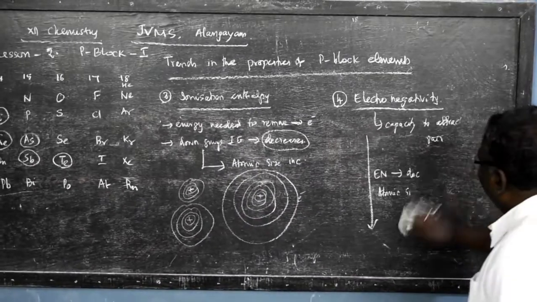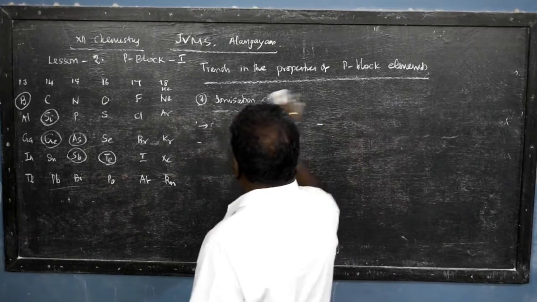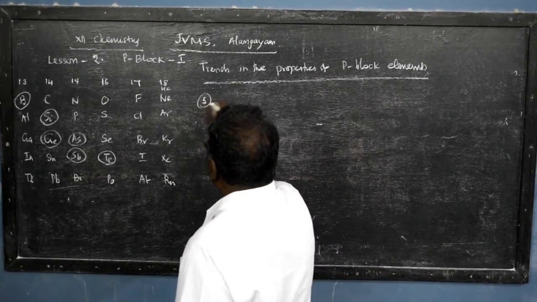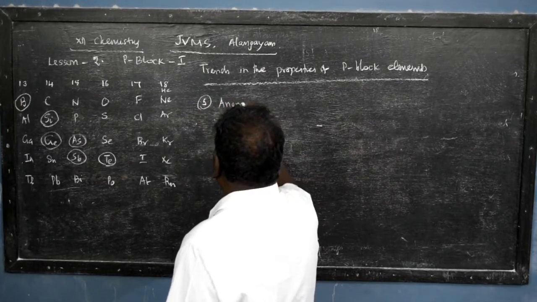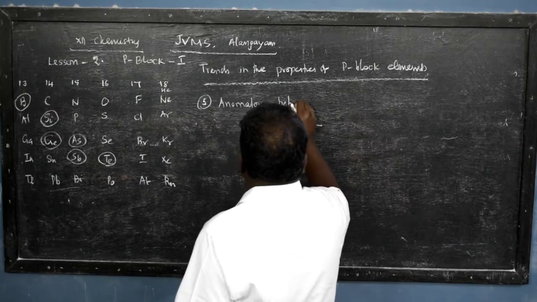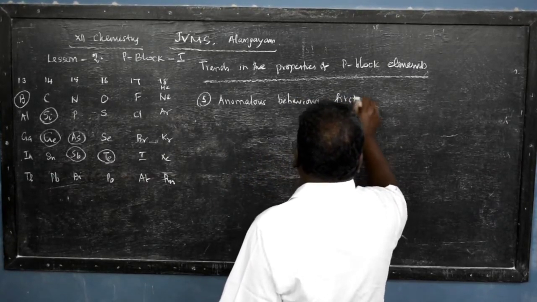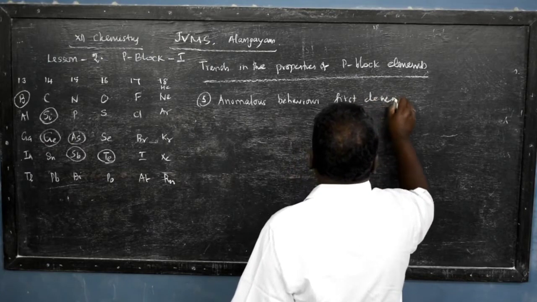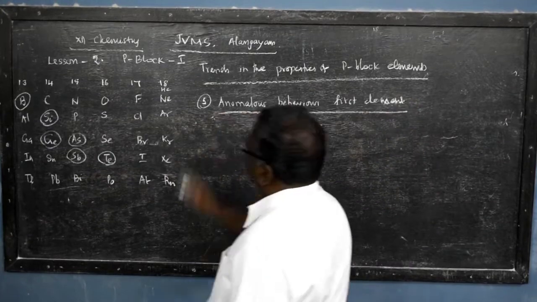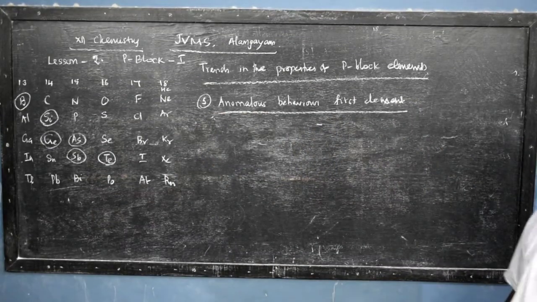And the fifth one is the anomalous behavior of the first element. What is this anomalous behavior of the first element?